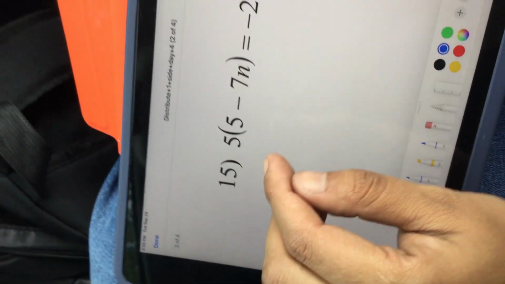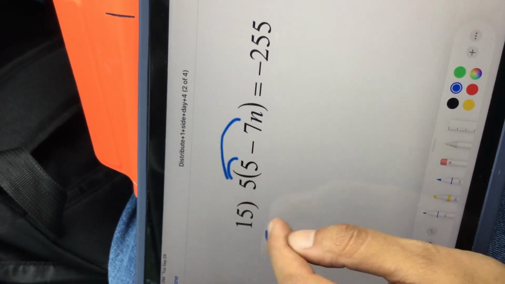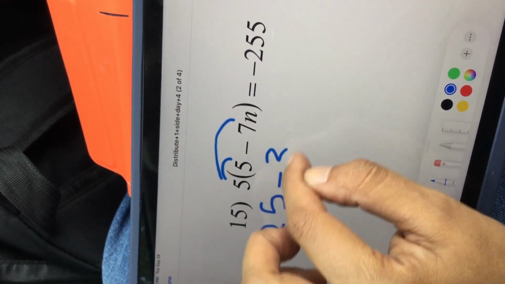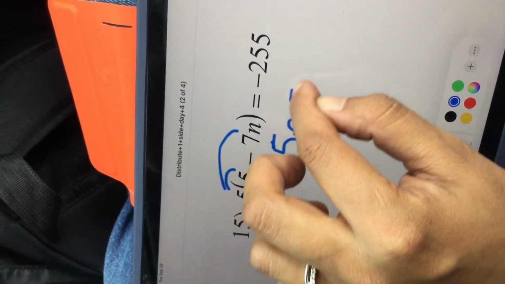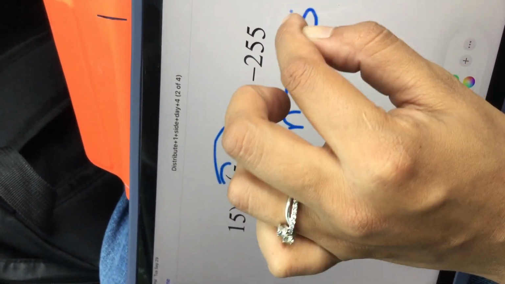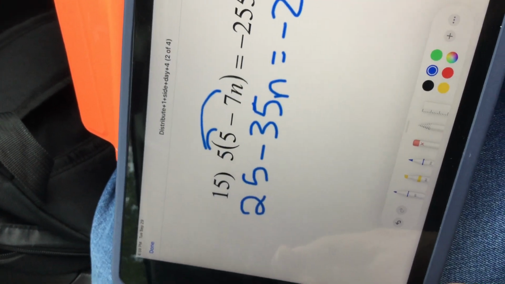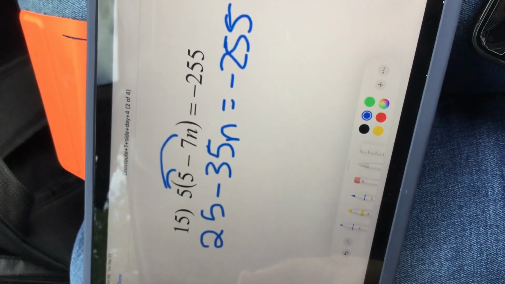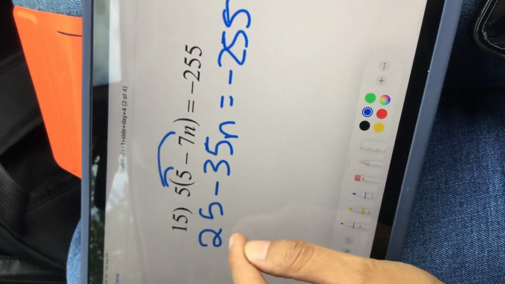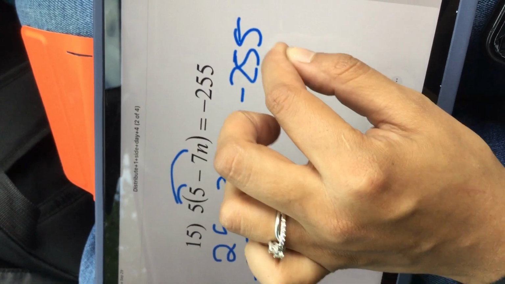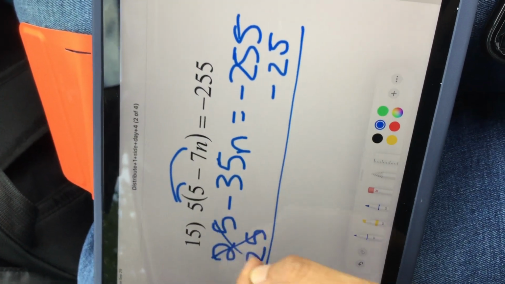Number 15, we're going to distribute. So I got 25 minus 35n equals negative 255. There are no terms for us to combine, so can we add or subtract? We can subtract 25, subtract 25.